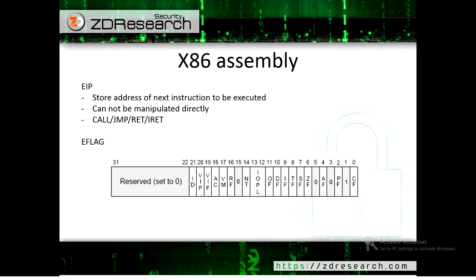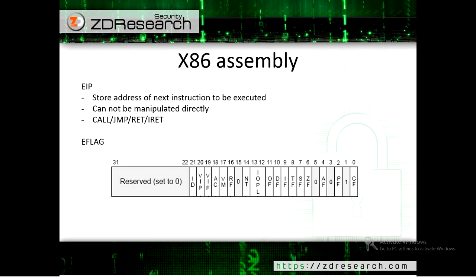So the EIP register can be considered the devil register for an exploit developer, because when we can control our EIP, we can control the whole program execution and hack that program, for example.